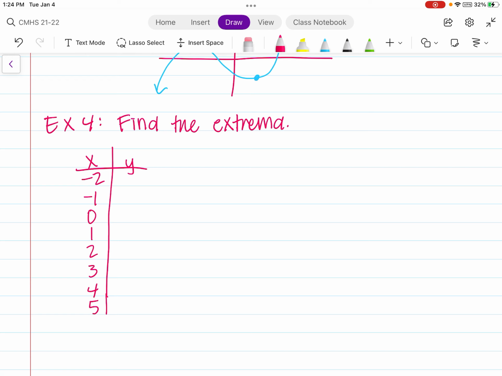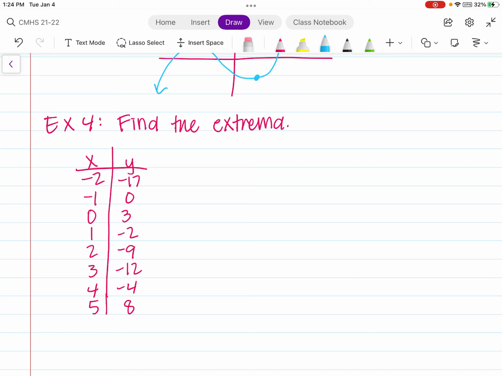And then our y values are -17, 0, 3, -2, -9, -12, -4, and 8.